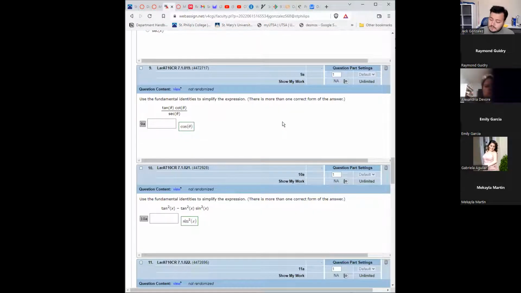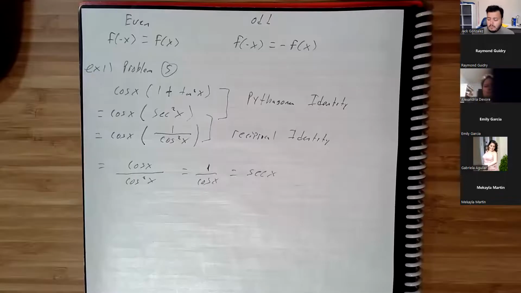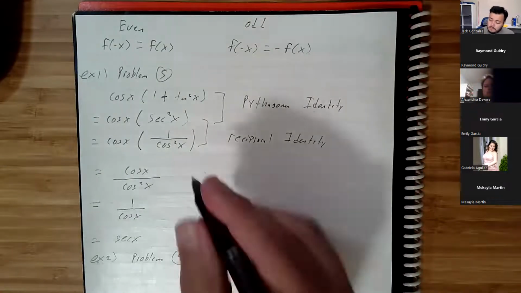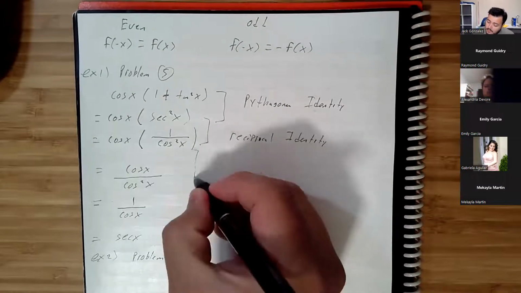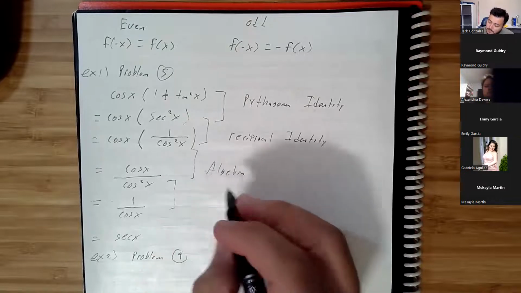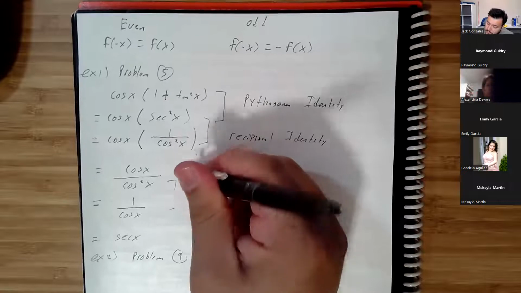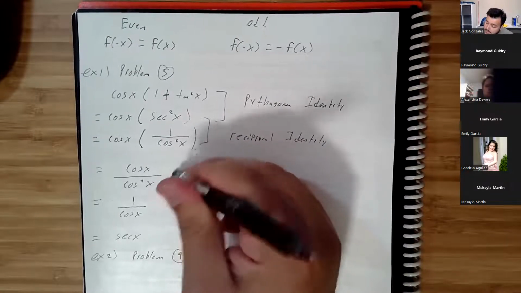Let's do number 9 together. Okay. Here to here was just algebra. The whole thing, these 2 lines are just algebra.